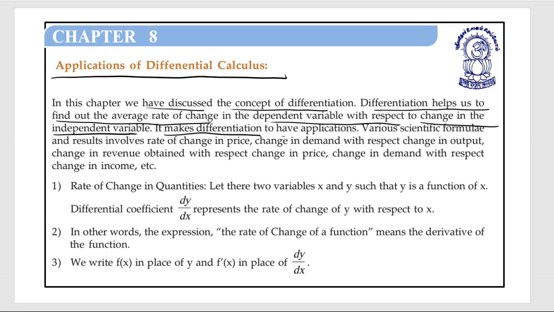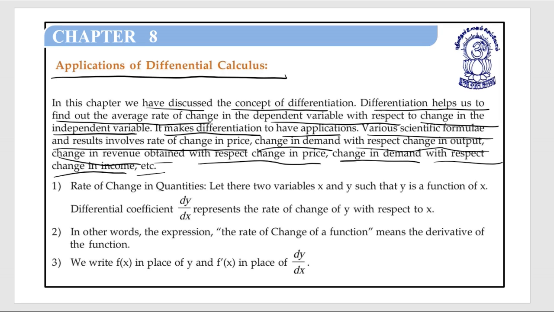It makes differentiation have applications. Various scientific formulas and results involve rate of change in price, change in demand with respect to change in output, change in revenue obtained with respect to change in price, change in demand with respect to change in income, etc.